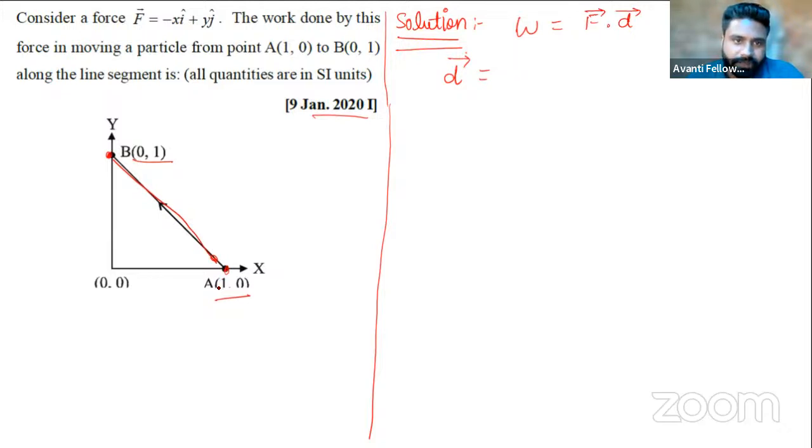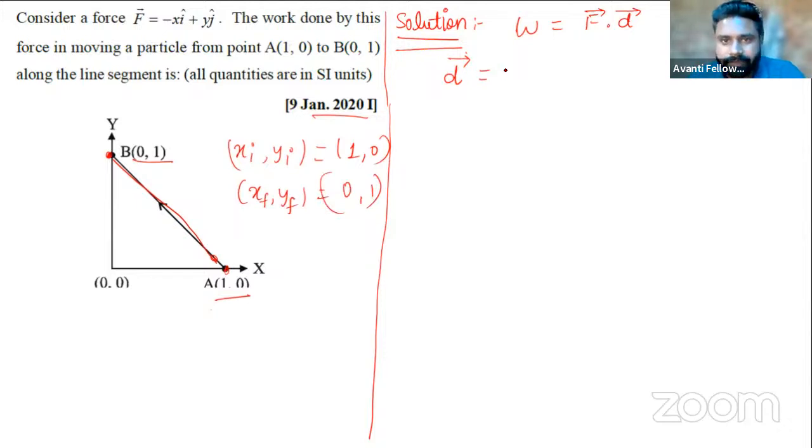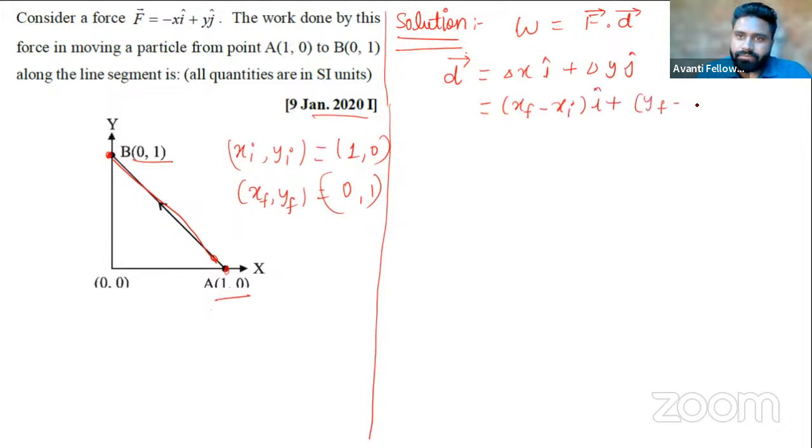The particle's initial coordinates xi, yi are 1, 0, and the final coordinates x final, y final are 0, 1. So the displacement vector is delta x i cap plus delta y j cap. What is delta x? It is x final minus x initial i cap plus y final minus y initial j cap.